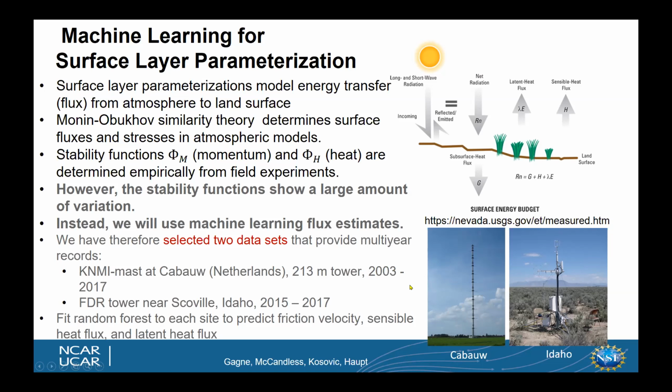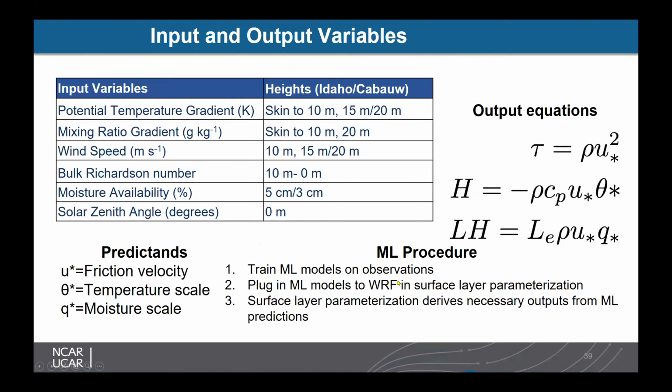So we began by getting data from two towers, the Cabauw tower in the Netherlands and an FDR tower in Idaho in the US. And we fit a random forest, tested both random forest and neural nets, so that we could predict friction velocity, sensible heat flux, and latent heat flux.